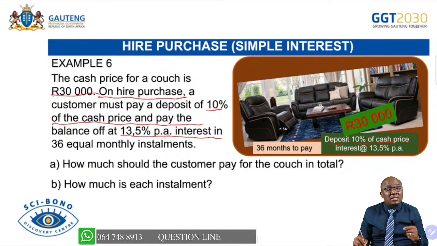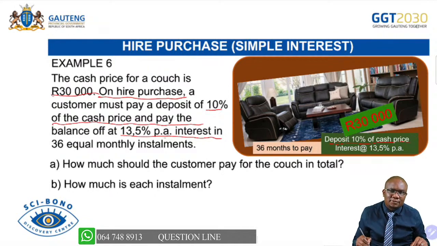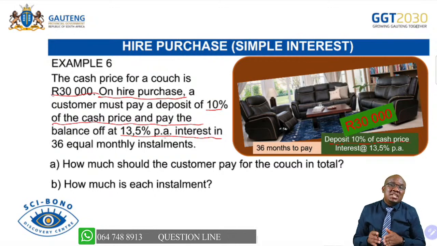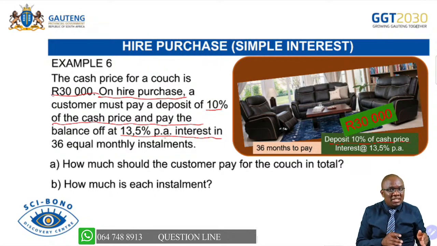This thing is 30,000 rand. I pay the 10%, which is 3,000. I pay 3,000. How much am I owing now? Am I still owing 30,000? No. I've paid, so I'm now owing 27,000. So the interest, understand learners, is now going to be charged on 27,000 because I did not borrow 30,000.